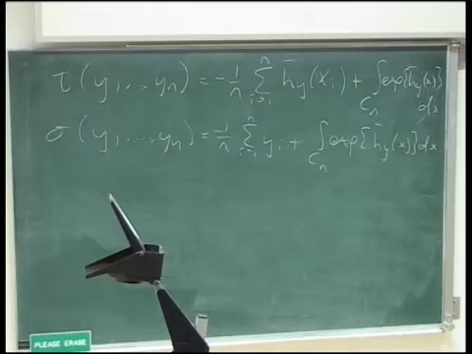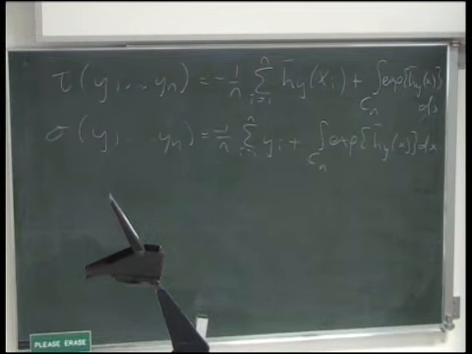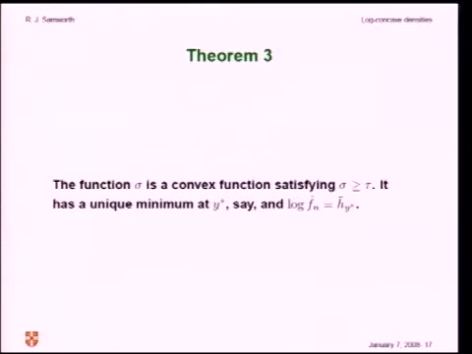The reason that's a good thing to do is because it means that the function sigma is actually a convex function. So I now know something about the structure of this function, and it's greater than or equal to tau. That's not so important. It's got a unique minimum now, so I've got some better chance of being able to locate it well.